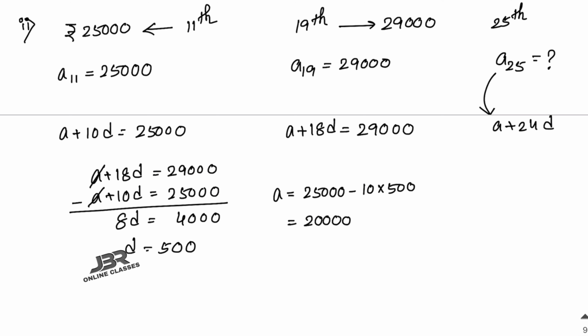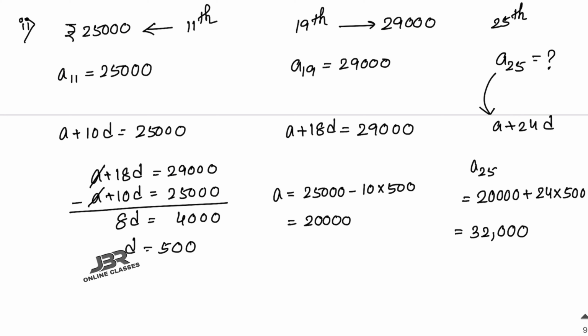Okay, 20,000 is the first salary. So A25 will be 20,000 plus 24 into 500. 24 into 500 equals 12,000. Now 12,000 plus 20,000, your answer is 32,000. So 32,000 is the salary in the 25th year of service.